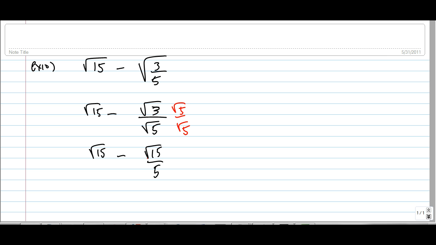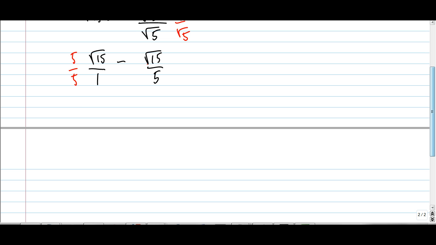So now what do I do then? Am I done? You should rewrite this as 1 fraction. So how do I do that? This is really over 1. So multiply top and bottom by 5. Now it's okay because 5 over 5 is 1, right? So then what does that become?